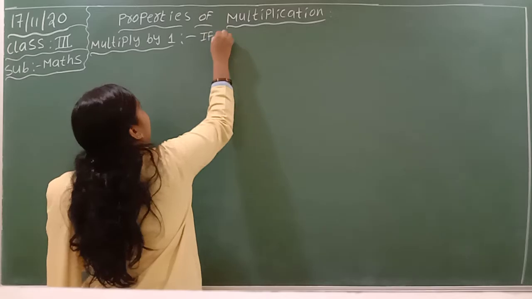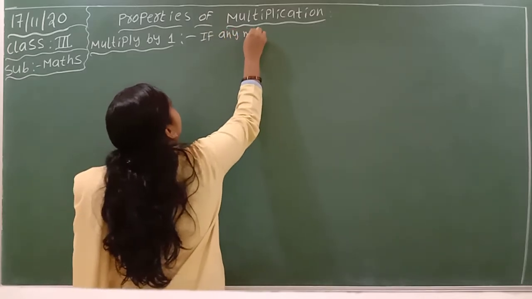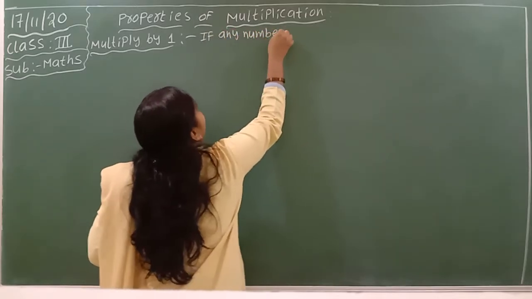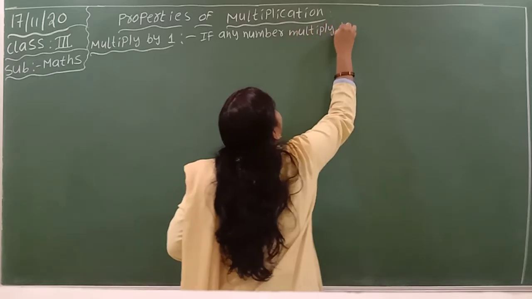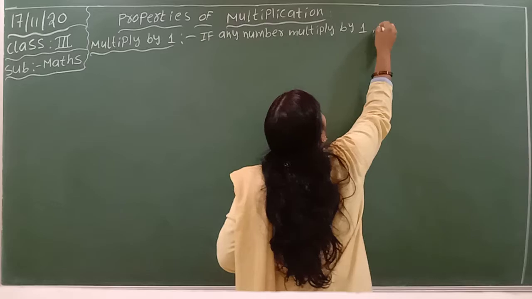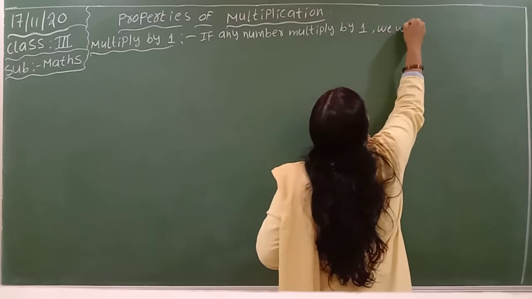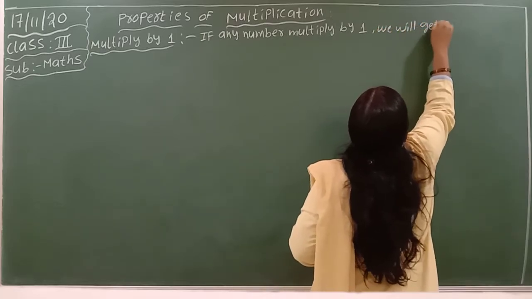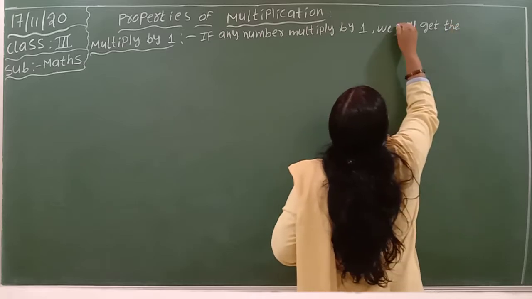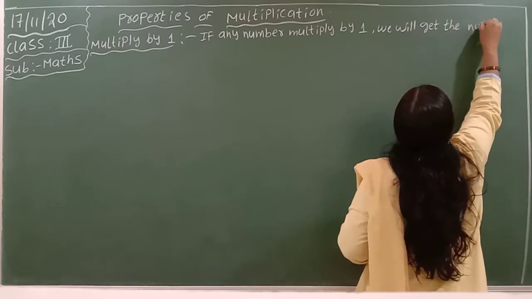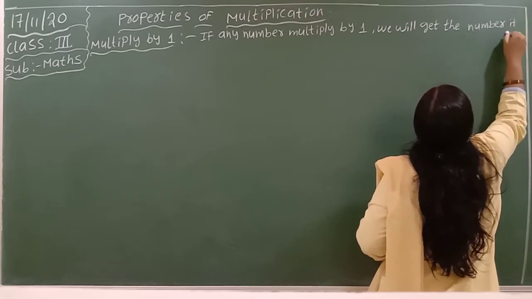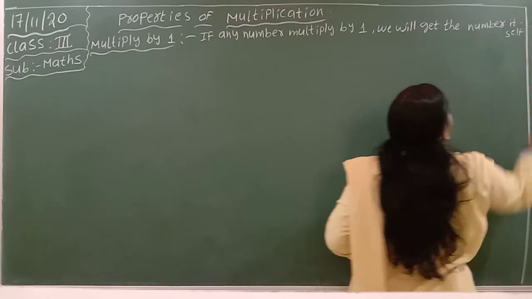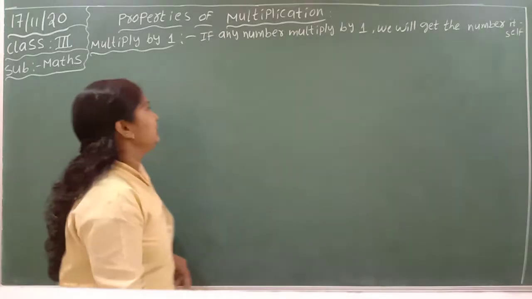If any number is multiplied by 1, we will get the number itself. It is the first property.